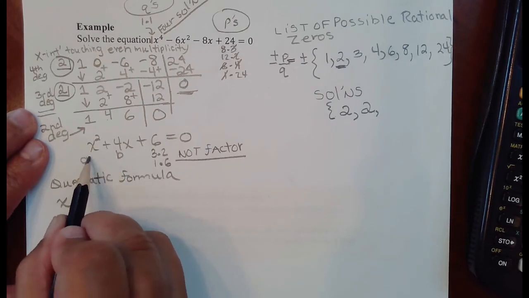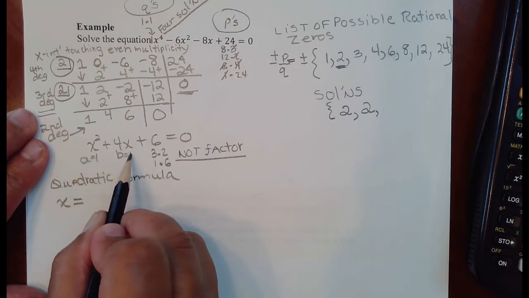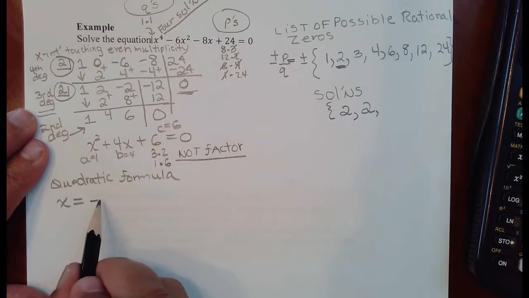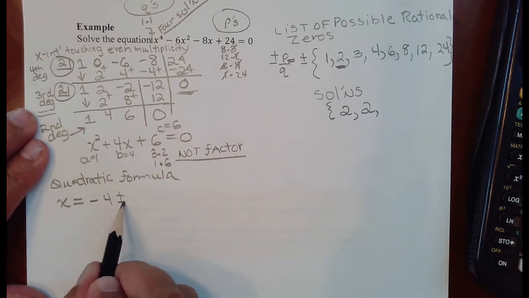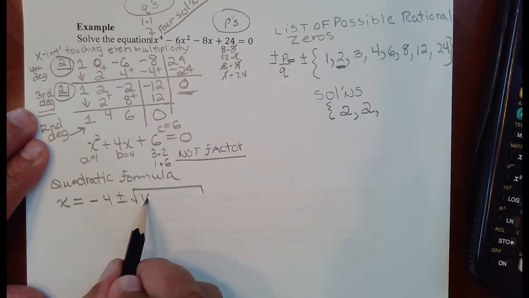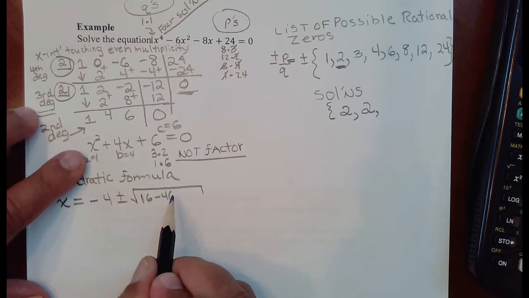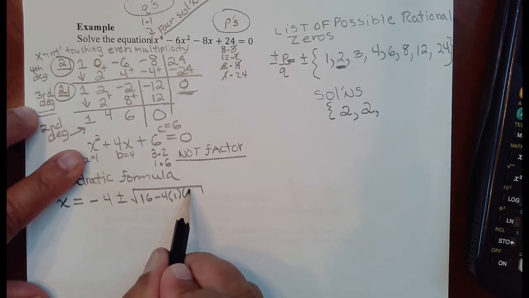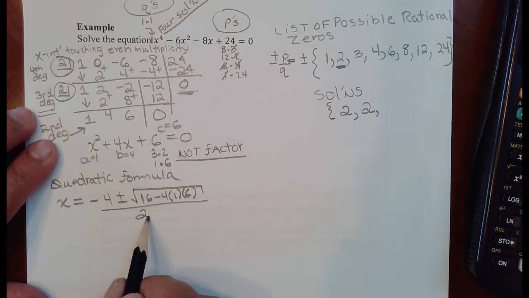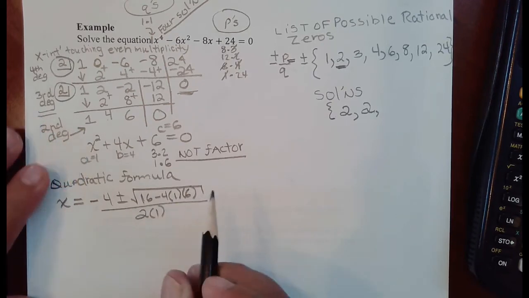That's your b value. A is 1 here, b is 4, and c is equal to 6. So it's opposite of the b value plus or minus b value again, but squared, minus 4 times a times c. All over 2 times a, and that a value is just 1.